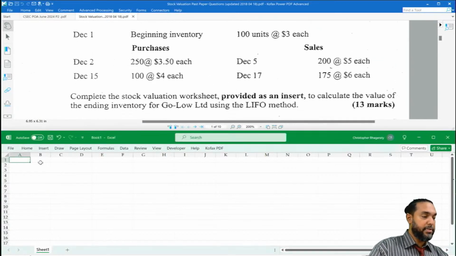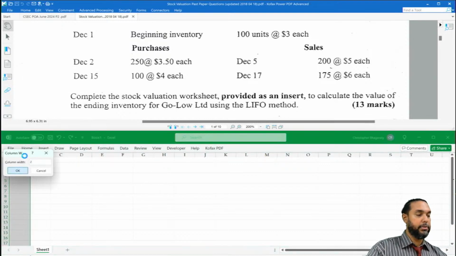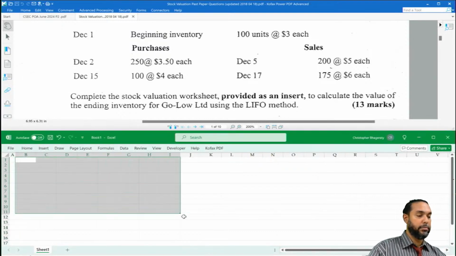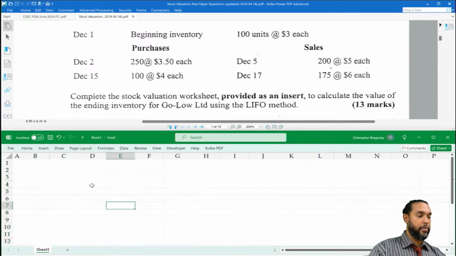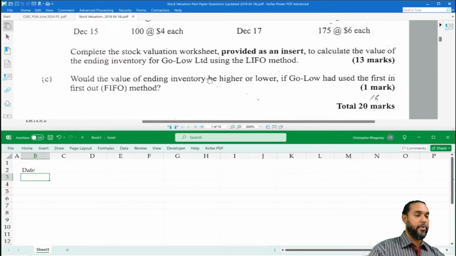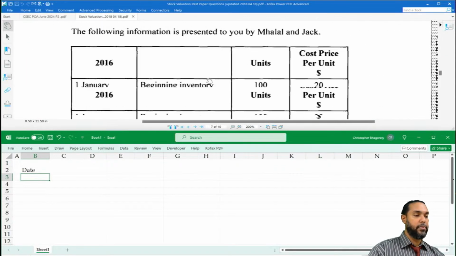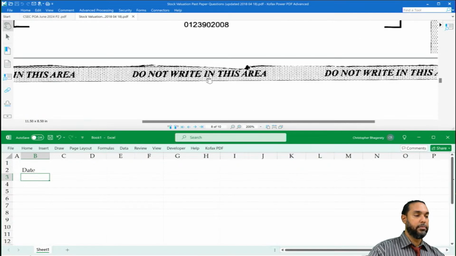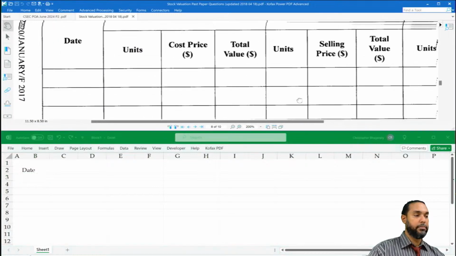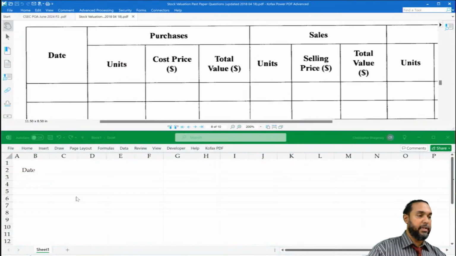All right, so just give me 1 second. Let me heat up my thing too. All right, so after date, we do purchases first.